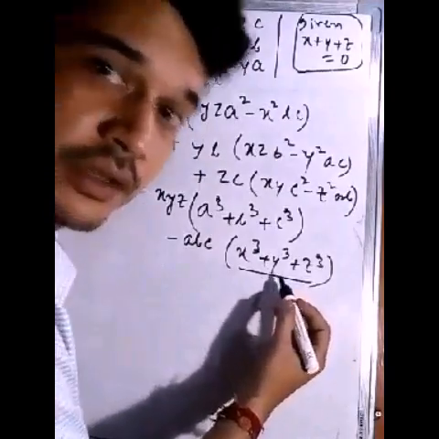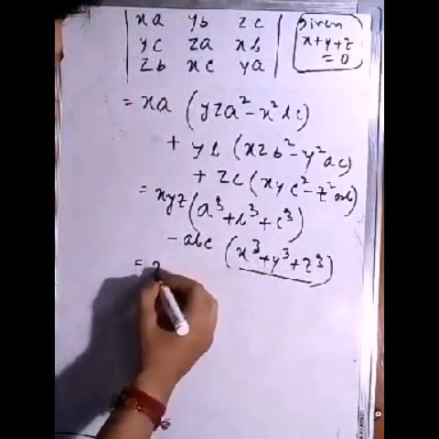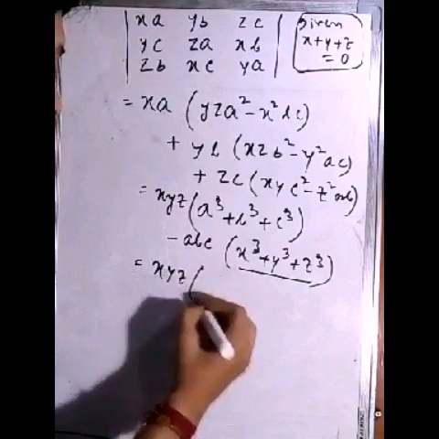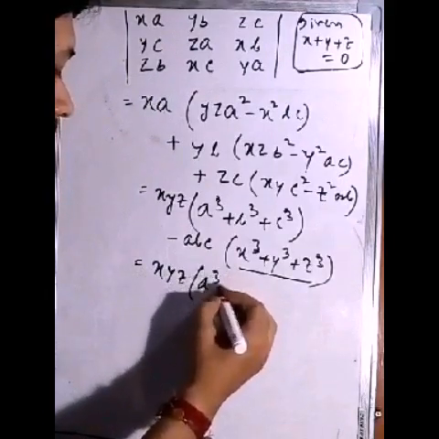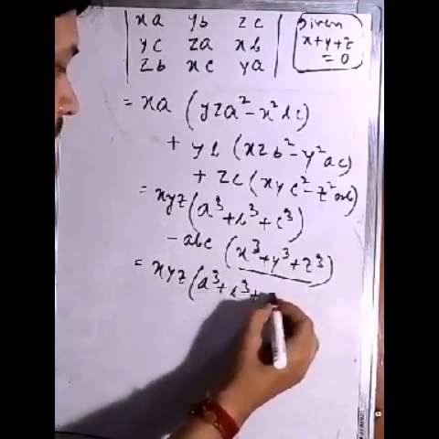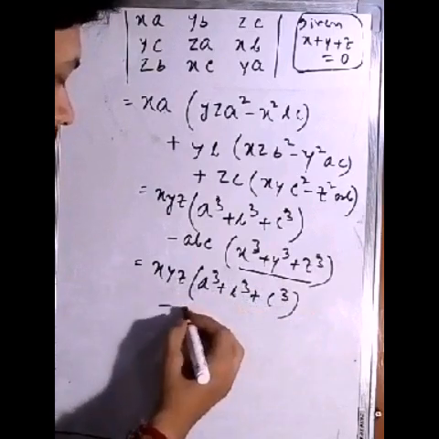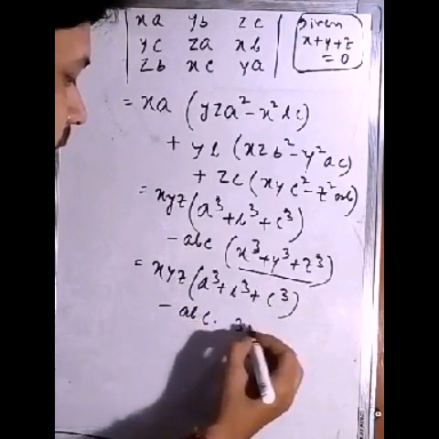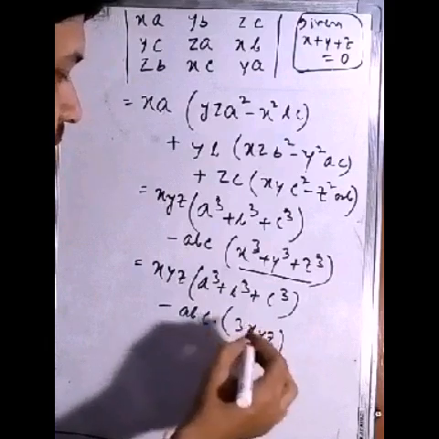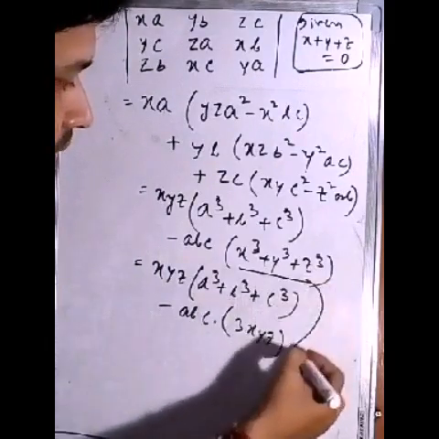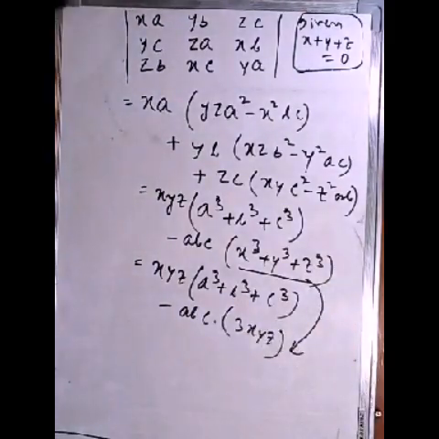reduces to 3XYZ. So we have XYZ, then A cube plus B cube plus C cube minus ABC into 3XYZ. Which term becomes this term? This term becomes 3XYZ.